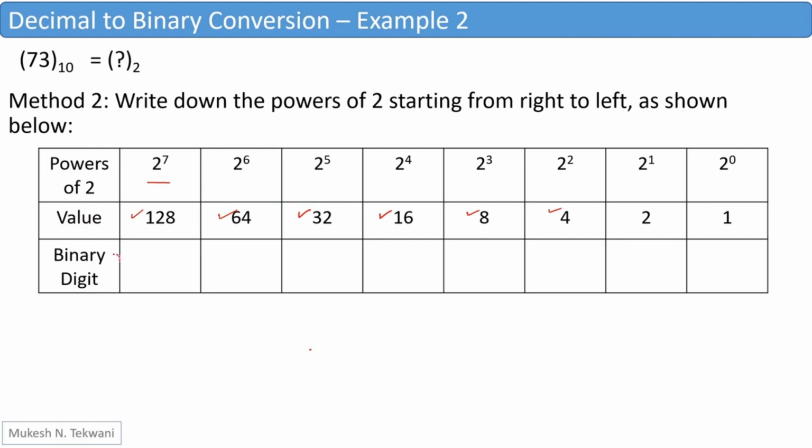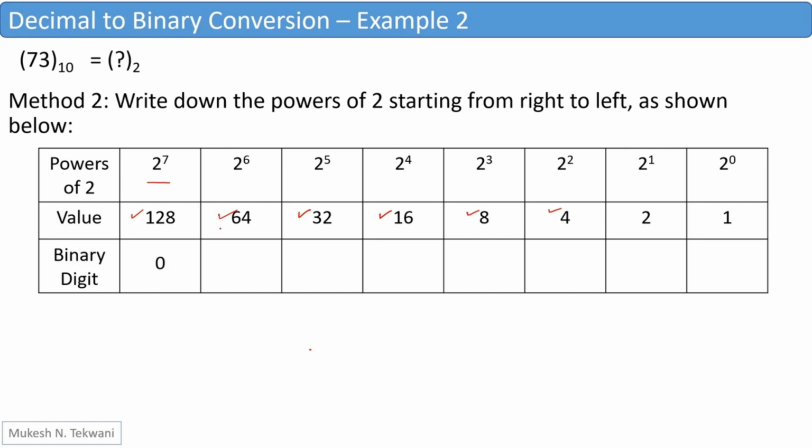Now let us understand how we fill up the values in these cells for the binary digits. We start with our number 73. We will compare this 73 with the value 128. If the value 73 is less than the value given here, we will put a 0 in the binary digit cell.